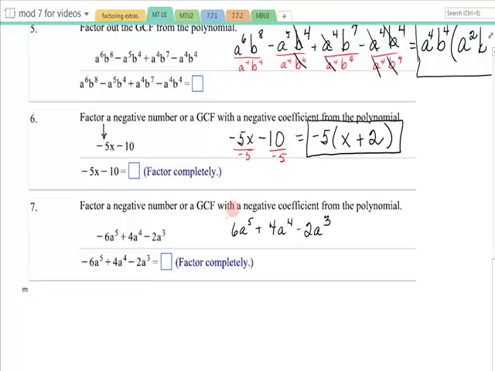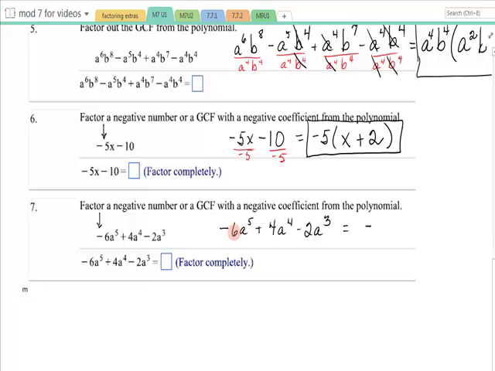Greatest common factor. And I don't know if I wrote it or if it disappeared, but I lost that sign. There it is. And it's a very important sign because when the first term is negative, I'm going to factor out a negative something. And if I can't find anything to factor out, I'll factor out a -1.